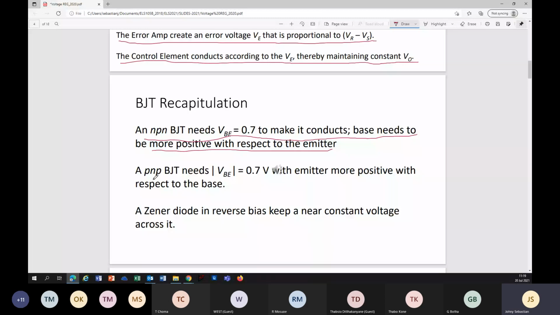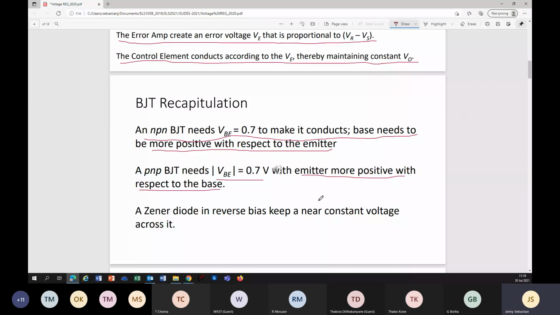A PNP also needs an absolute value of VBE of 0.7 volt, but the emitter needs to be more positive with respect to the base. This is NPN and PNP BJTs. If you can understand this concept clearly, then we can go through this chapter very quickly.